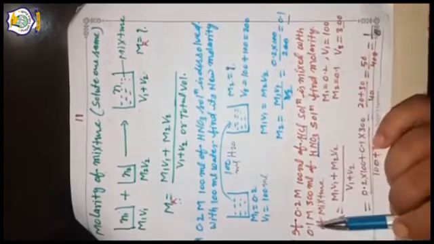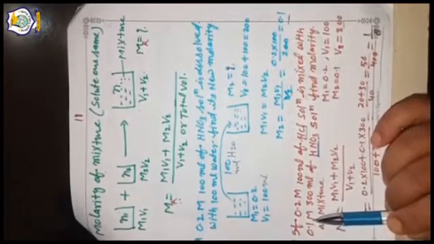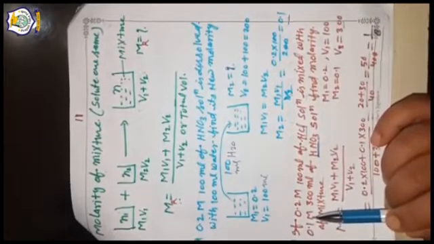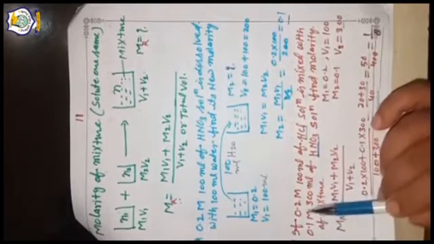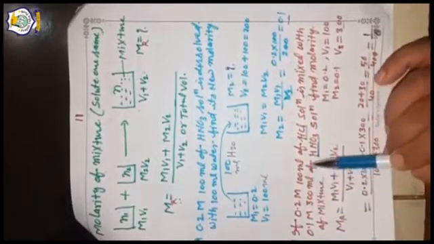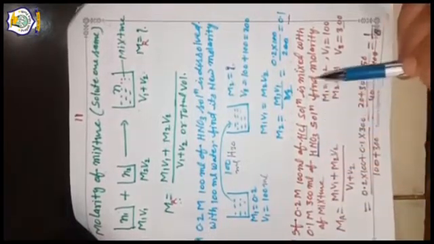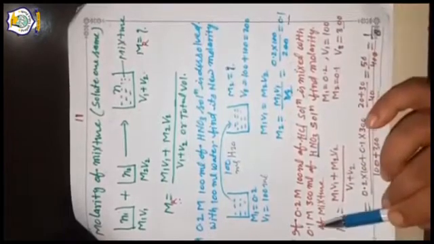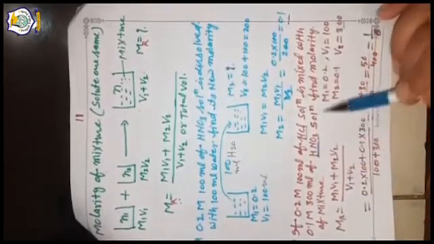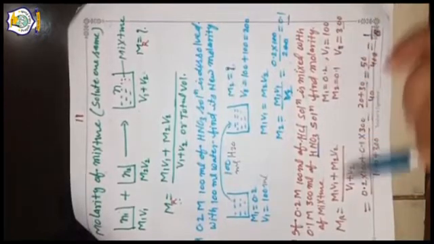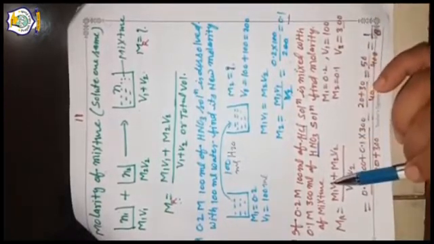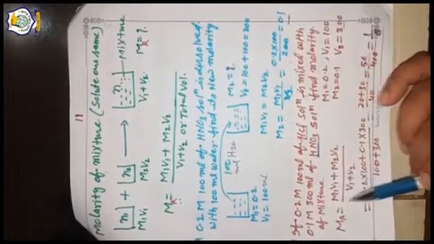In case of a mixture, if the solutes are same, all are acid or all are base. If 0.2 M, 100 ml of HCl solution is mixed with 0.1 M, 300 ml of HNO3 solution, find the molarity of the forming mixture, that means find the molarity of the resultant solution.